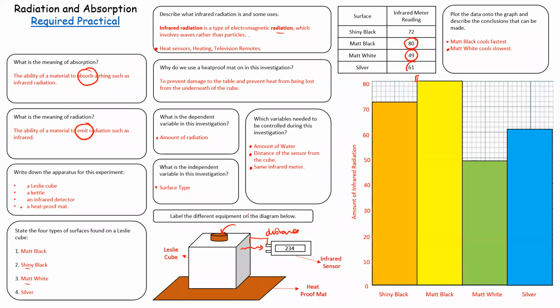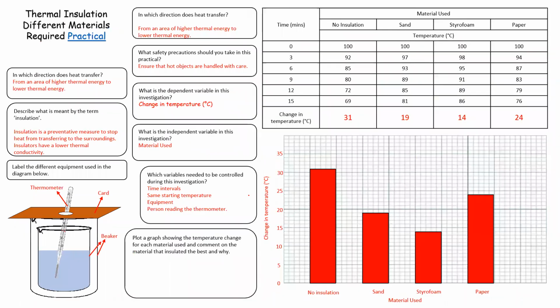Now that again is a nice little practical. I like that one. I like quite a few practicals, actually. They are good. Thermal insulation ones, yes, I like this one as well. There are different variations or different things you could try out with this one.